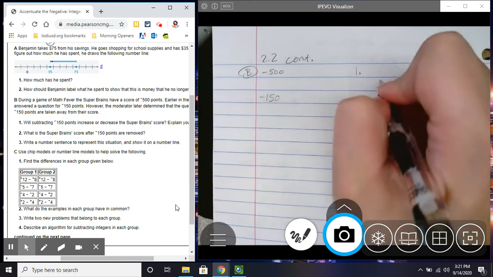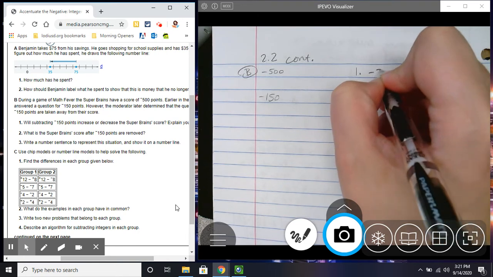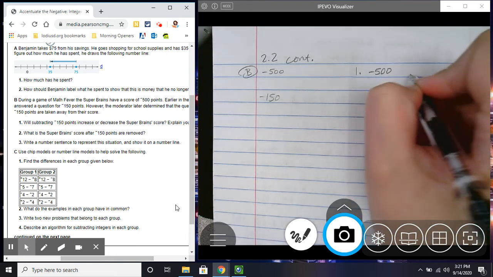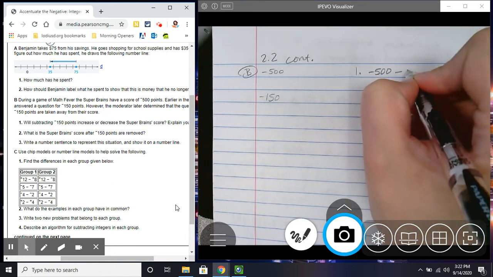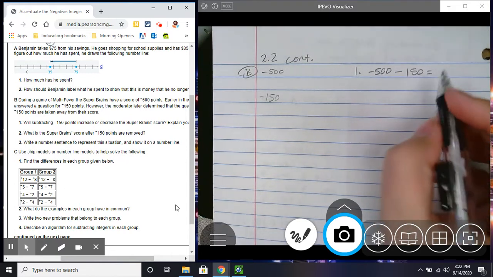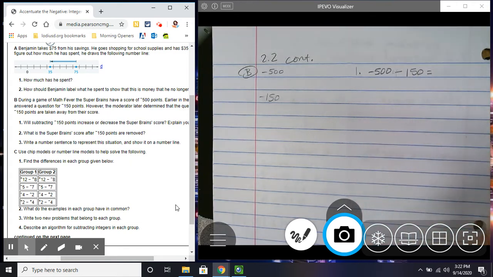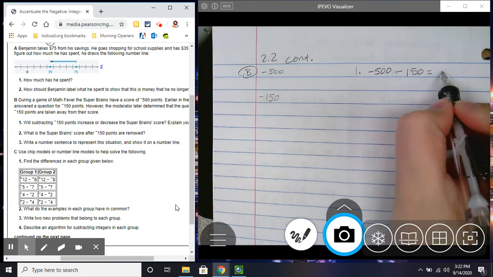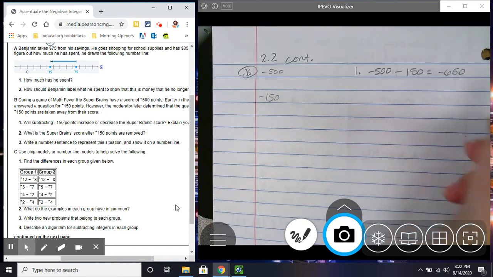Explain your reasoning. So if they are starting at -500 and they lost 150, right? You could also do the plus and then have that. That's the same thing. Then they are going to end up with -650 points.